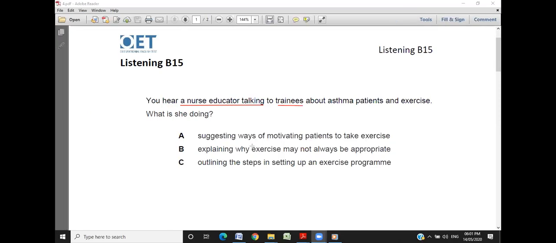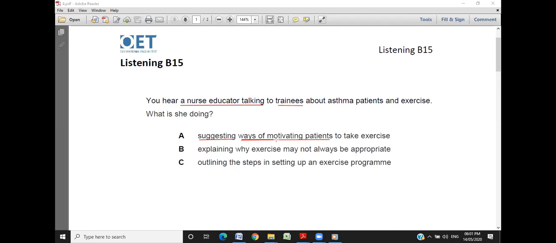So here it is suggesting ways of, yeah, so some of you have selected suggesting motivating patients. So, isn't ways of motivating an important word?